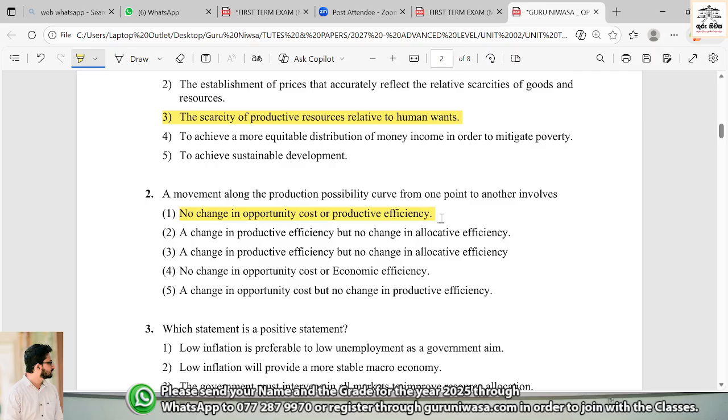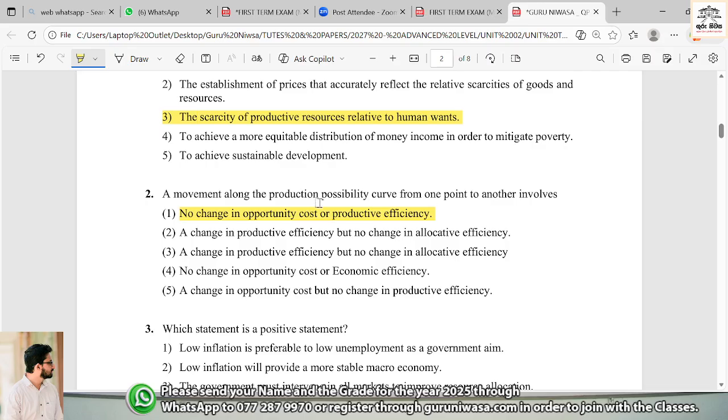It's talking about a straight line PPC. The last one is also correct, because this question has not specifically mentioned the type of PPC curve. A movement along the production possibility curve from one point to another involves a PPC that can be either a straight line or concave to the origin.